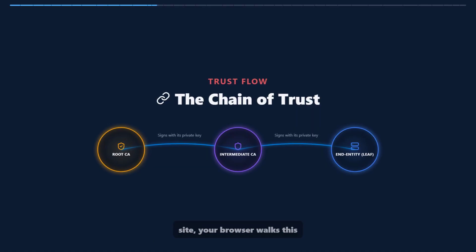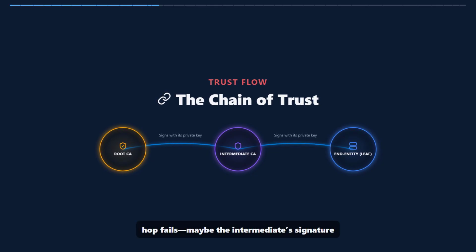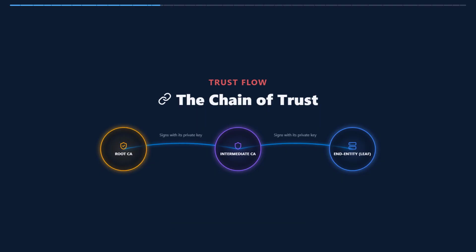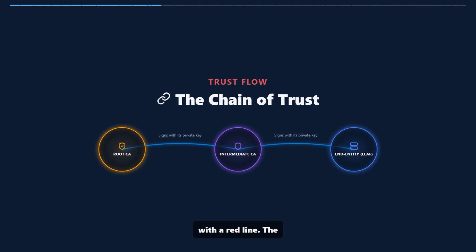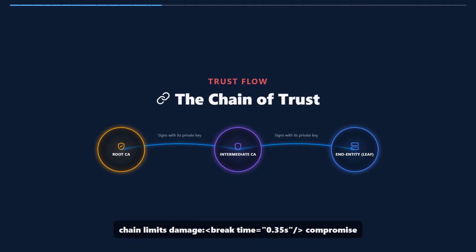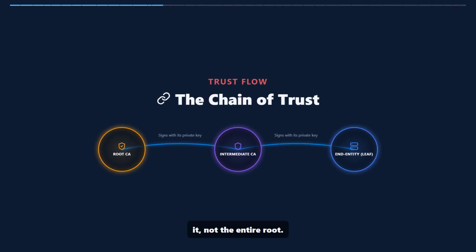When you visit a site, your browser walks this chain from leaf to root, checking every signature. If any hop fails, maybe the intermediate's signature doesn't verify or a certificate has expired, you get that padlock with a red line. The chain limits damage. Compromise an intermediate and you only need to revoke certificates below it, not the entire root.